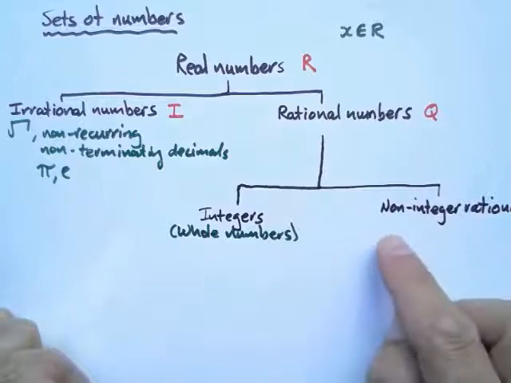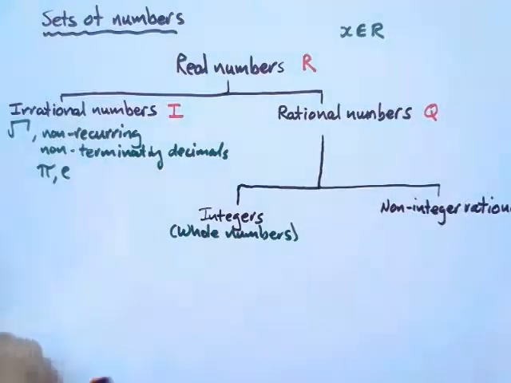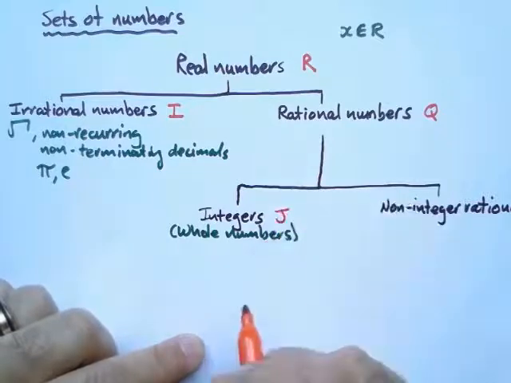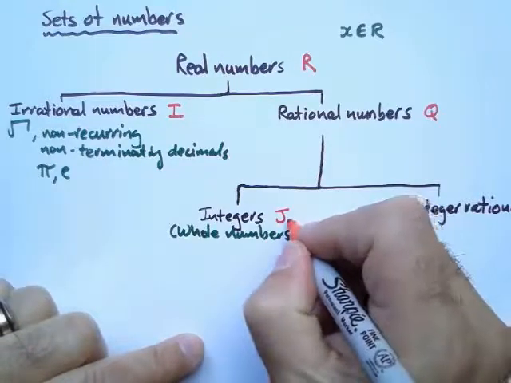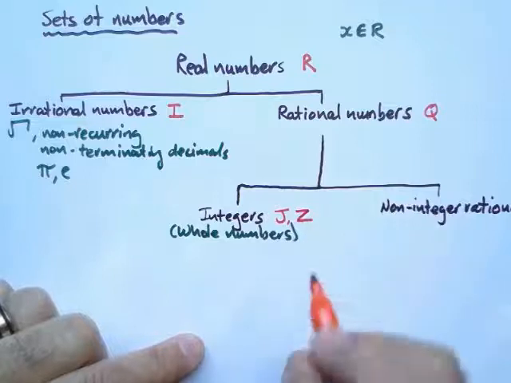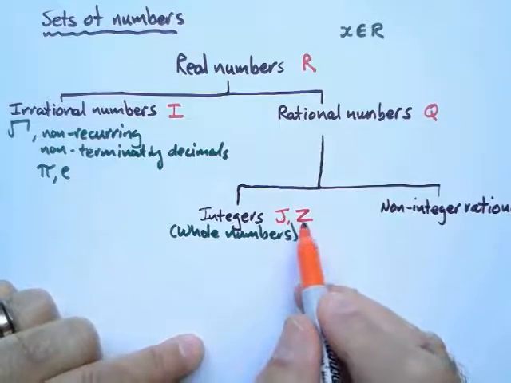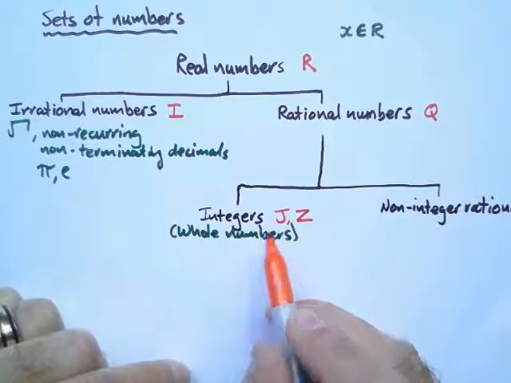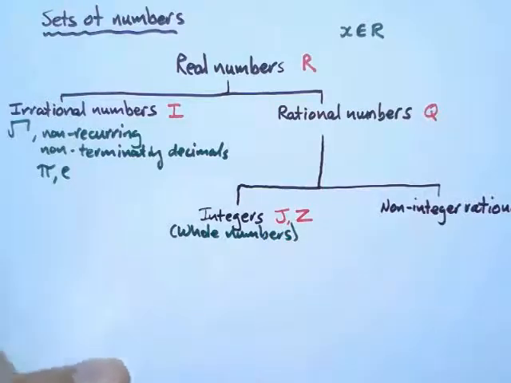We just say, if they are non-integer rationals, it's Q. If they are integers, we use either J or Z. Any one of those two is fine. In Math C, I usually use Z. In the year 11 textbook, they talk about J. Doesn't matter which one.